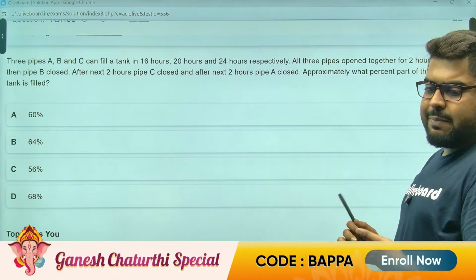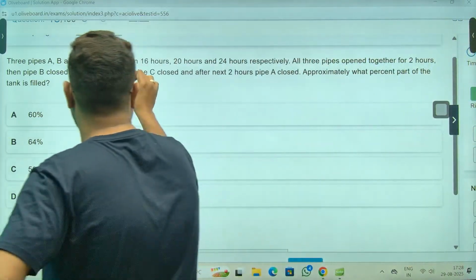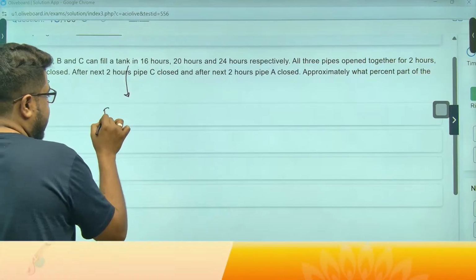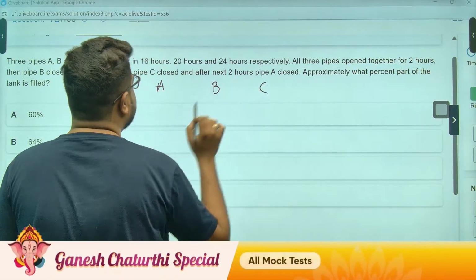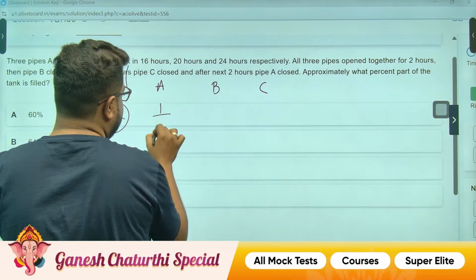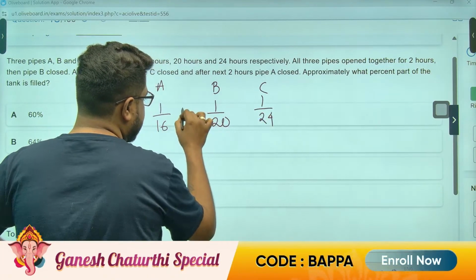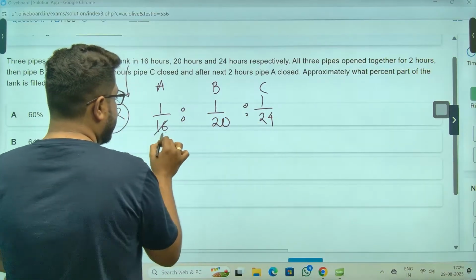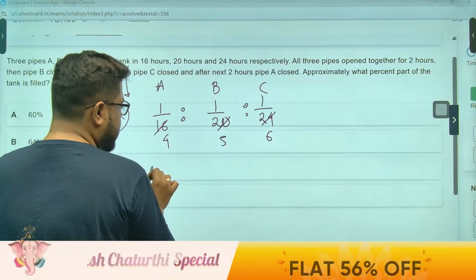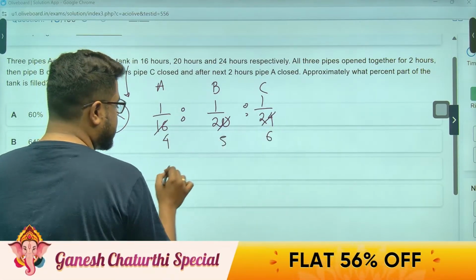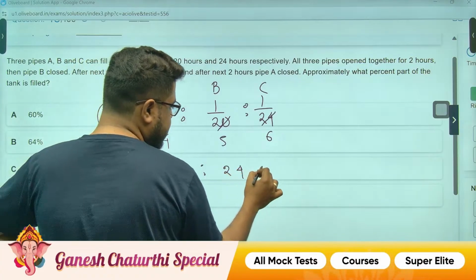3 pipes A, B and C fill a tank in 16, 20 and 24 hours. First things first, let's find the efficiency ratio for A, B and C. It will become 1 by 16, 1 by 20, 1 by 24, right? 4 fours, 4 fives, 4 sixes. So instead of 4, I multiply these two. 4, 5, 6 are 30, 5, 24, 6, 20.